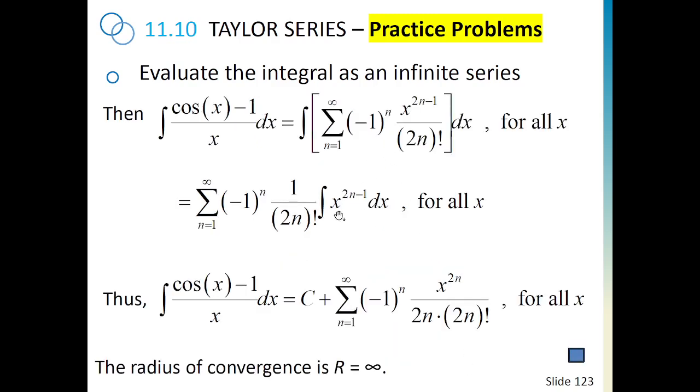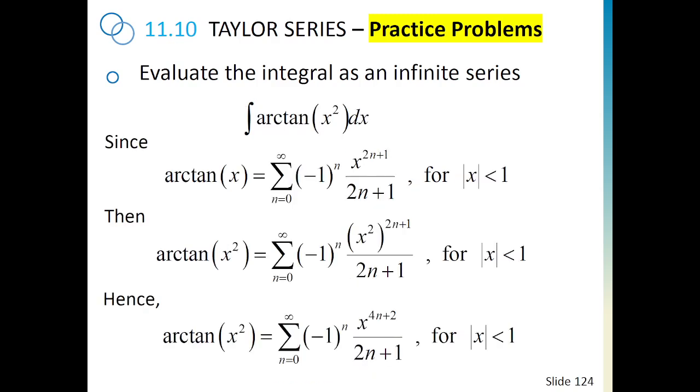So we integrate the term with x only, so the integral here will be 2n minus 1 plus 1, so 2n divided by 2n. So we combine everything. It's important to keep the brackets. You see from the series we have 2n factorial, so it's important to keep the brackets proper. And as we said, the radius of convergence remains the same.